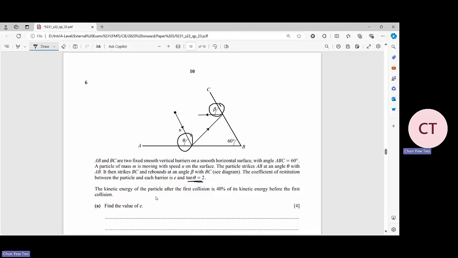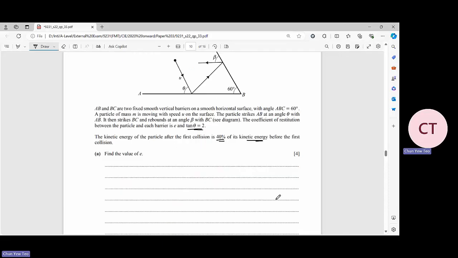The KE of the particle after the first collision is 40% of its kinetic energy before the first collision. Okay, so for part A, we want to find the value of e. For this question, we will focus on the first collision only. So let me just draw the diagram.